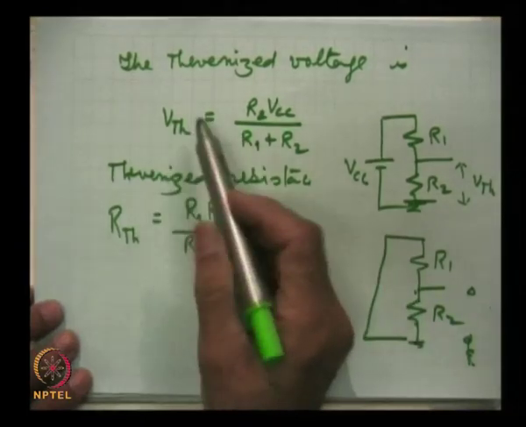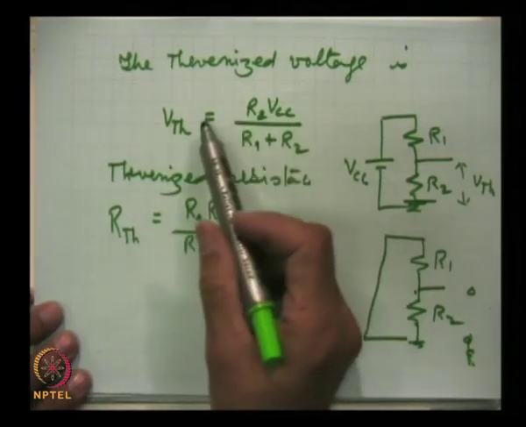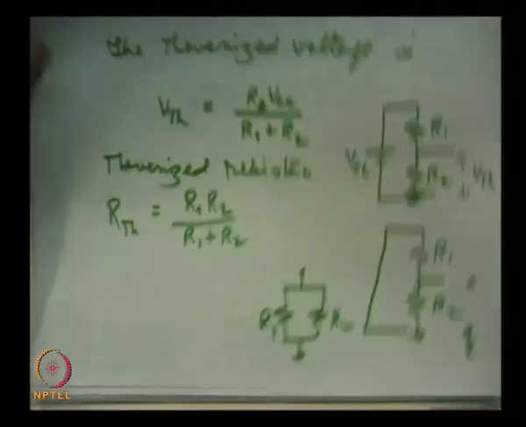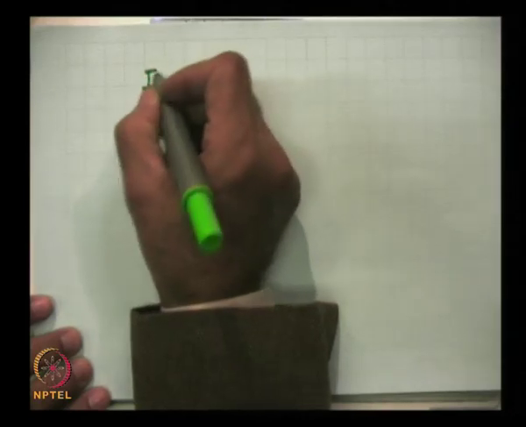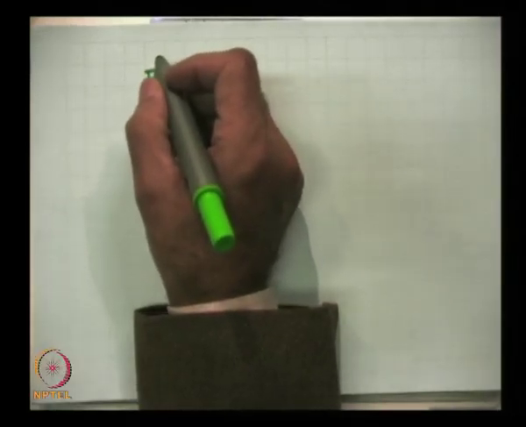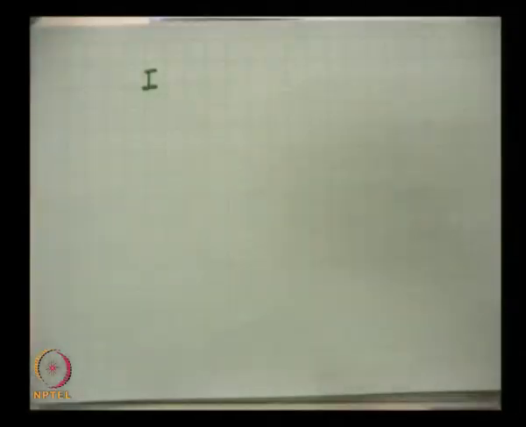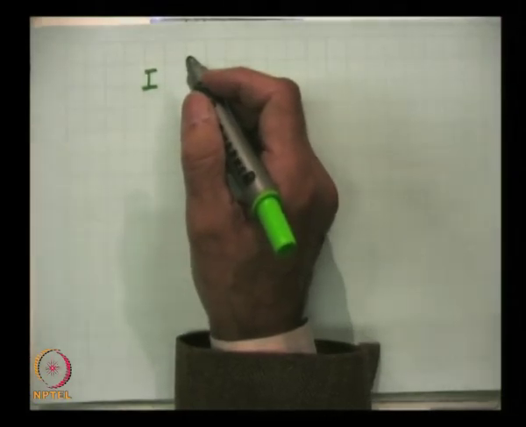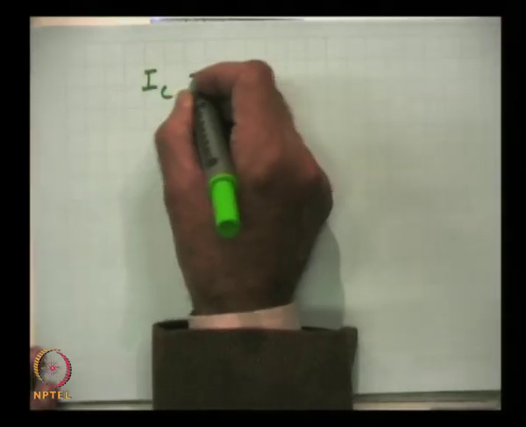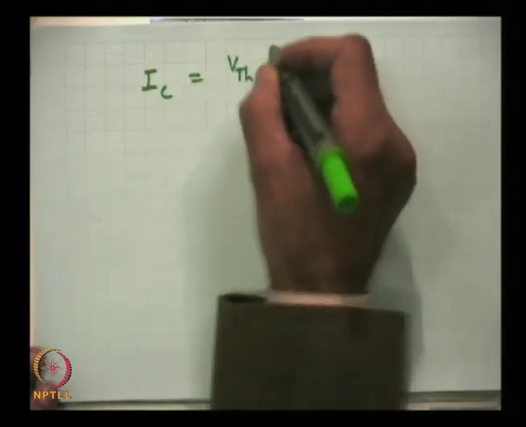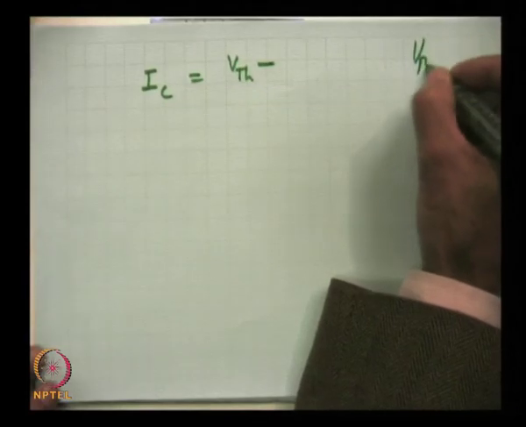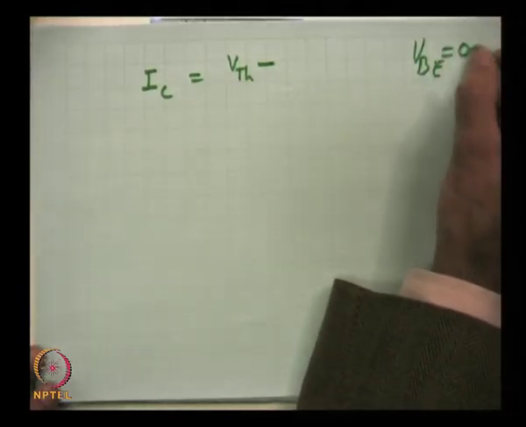So, these are the Thevenized voltage and Thevenized resistance in the circuit, and then that final equation which we wrote, which showed the high stability, can be written with the voltage, because earlier this terminal was connected to VCC. So, that VCC is to be replaced by VTH. So, this is VTH and this is VBE, which for a silicon transistor is 0.7 volts.